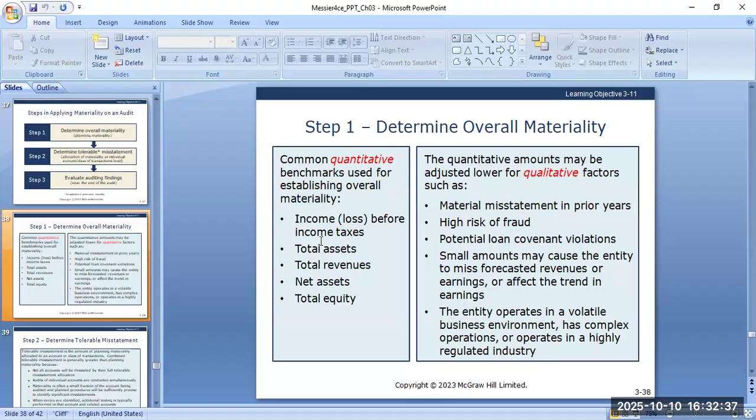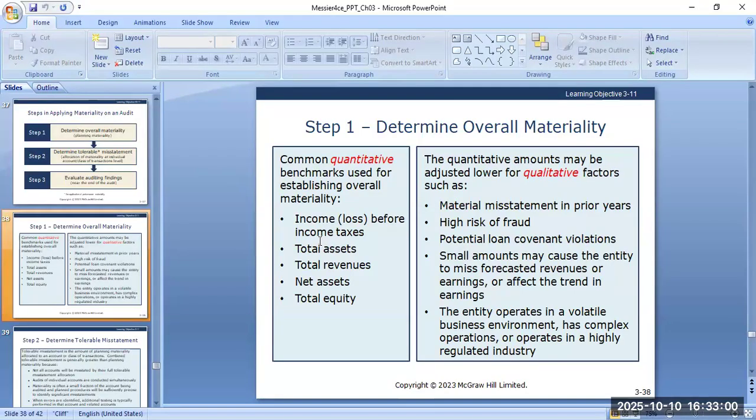So again, we may increase or decrease the quantitative amount which we're going to use. So which are the events that are going to trigger this? First, material misstatement in the prior year. In the previous year, we found that there were material misstatements. High risk of fraud.